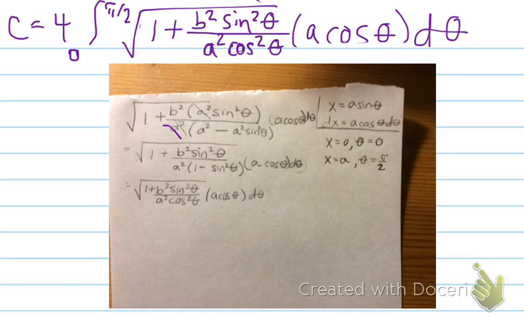If you set x equal to 0 up here, 0 divided by a is 0, so sine of theta equaling 0 only happens at theta equals 0. And if you set x equal to a, like the upper limit of the integral was, that would be a divided by a, which is 1, and sine theta equals 1 at theta equals pi over 2. So that's where they got the new limits on this piece.